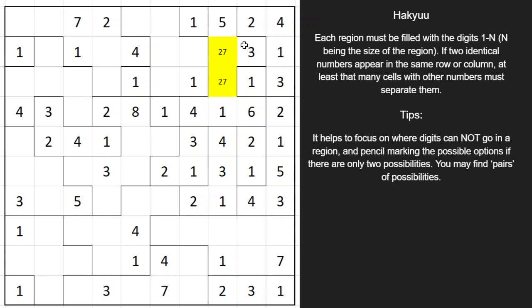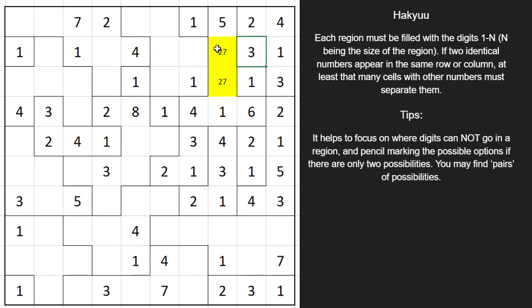So if we think about this region, that is a 6-cell region. We're missing a 2. 2s can't go up here. So 2 can go in any of those. That's not super helpful. 3s.